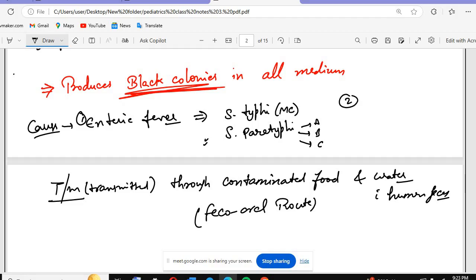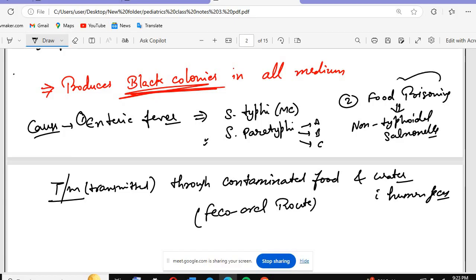Secondly, they can also cause food poisoning. But this is not caused by typhi. It is caused by non-typhoidal salmonella, for example Salmonella donnei or something like that.